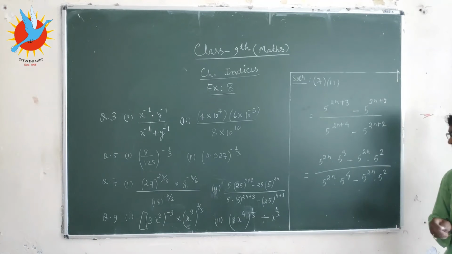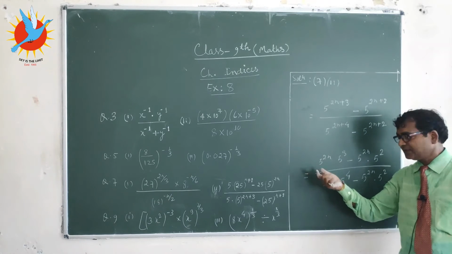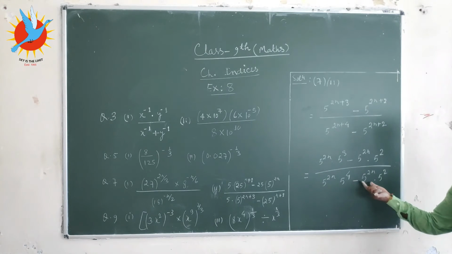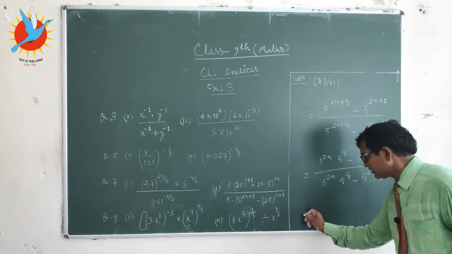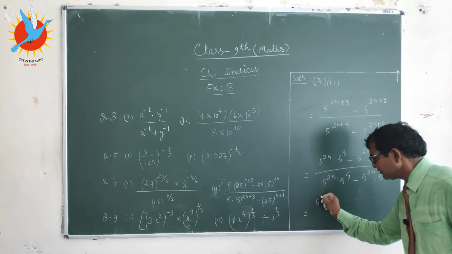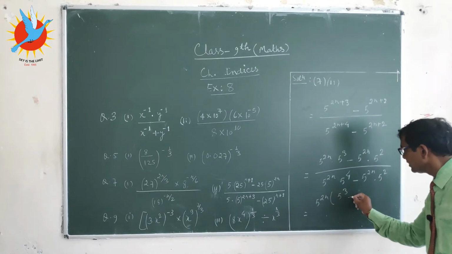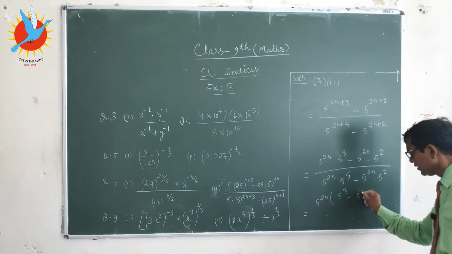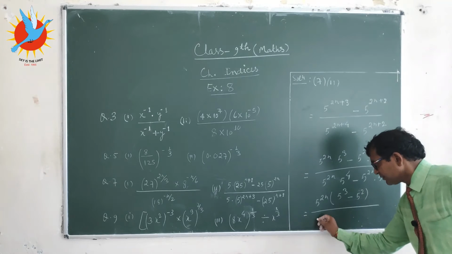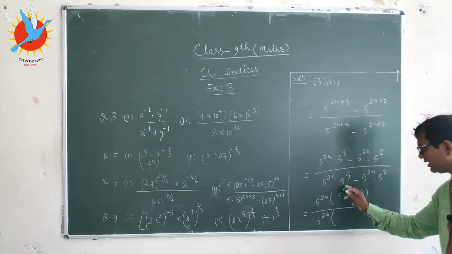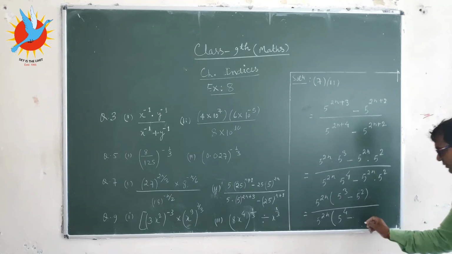Now what we are saying here, 5 to the power 2n can be taken common in the numerator, and 5 to the power 2n can be taken common in the denominator. So taking 5 to the power 2n common from the numerator, we have 5 cube minus 5 square over, taking 5 to the power 2n common, and here we are left with 5 to the power 4 minus 5 to the power 2.